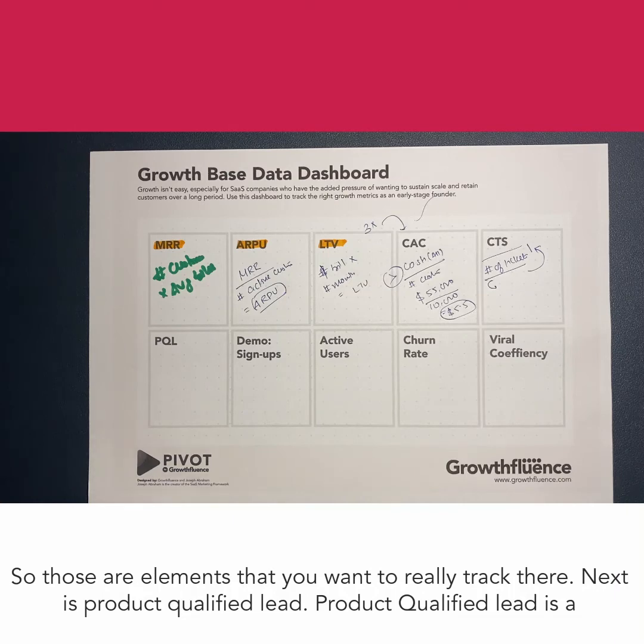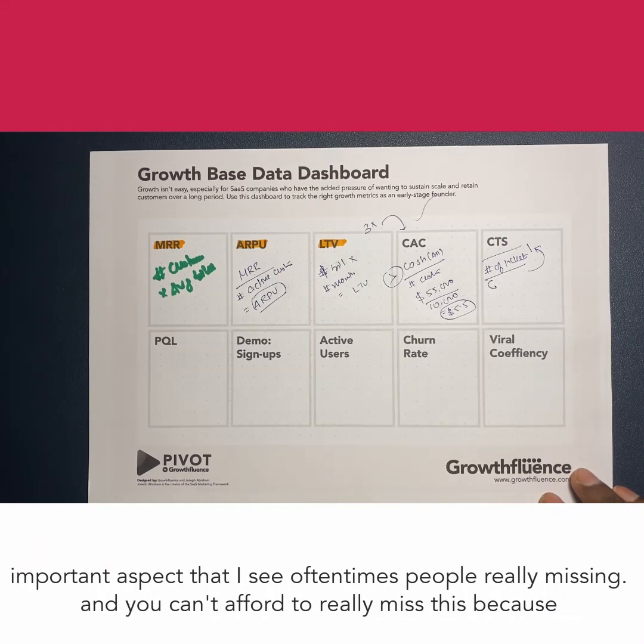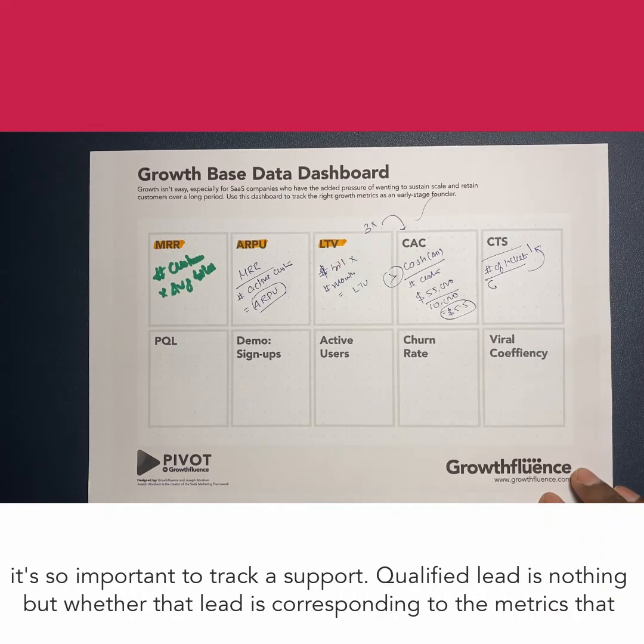Those are elements that you want to really track there. Okay, next is product qualified lead. Product qualified lead is an important aspect that I see oftentimes people missing, and you can't afford to miss this because it's so important to track.